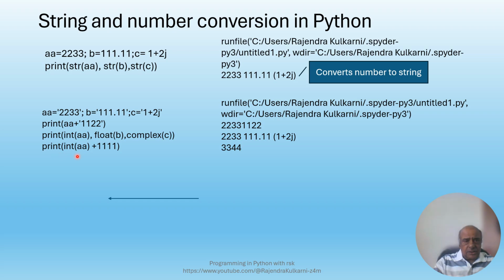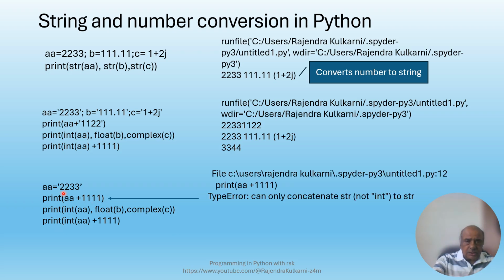Then print int of a plus 1111. What we have done is we have converted this a to int and added the int number 1111, so we get the addition of these two numbers. Now a is equal to 2233 is again a string, and when we try to add an int number 1111 to this string, we get an error message: can only concatenate str, not int, to str.